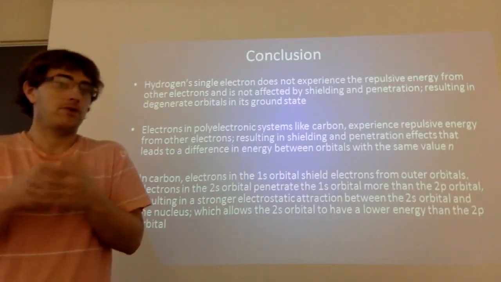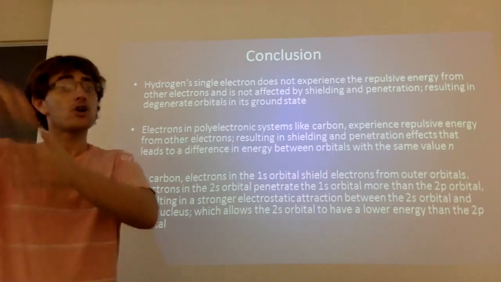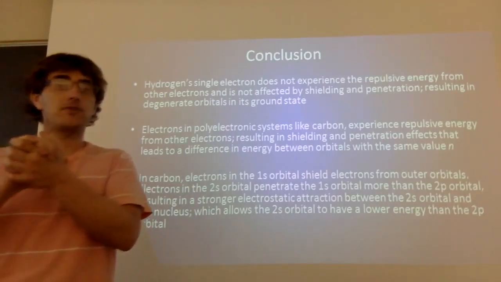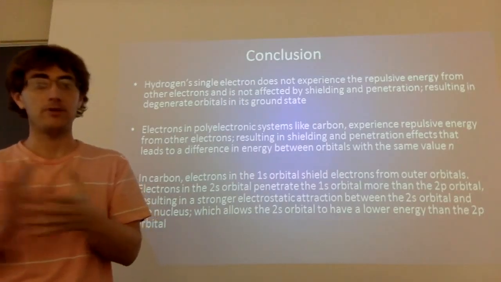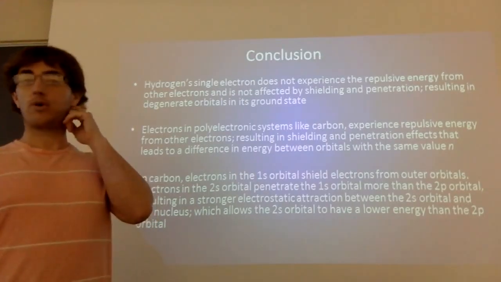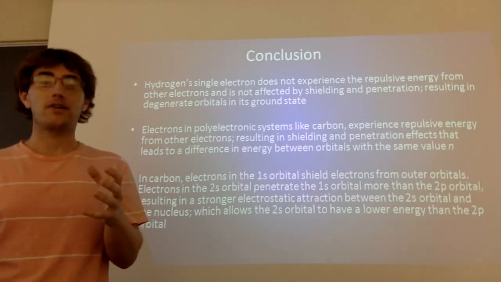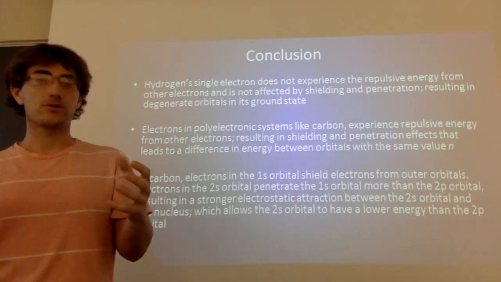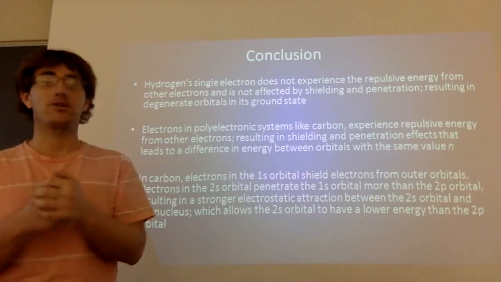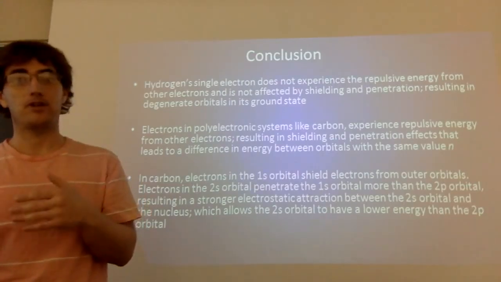Therefore, orbitals with the same quantum number in monoelectronic systems have the same energy. But polyelectronic systems like carbon have more than one electron, and the electrons exhibit repulsive effects, and that causes the shielding and penetration.